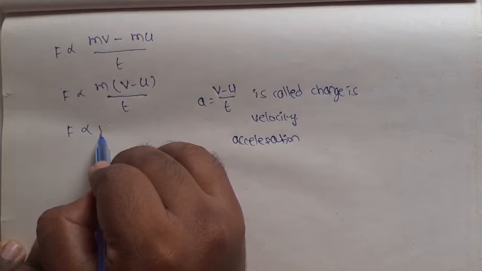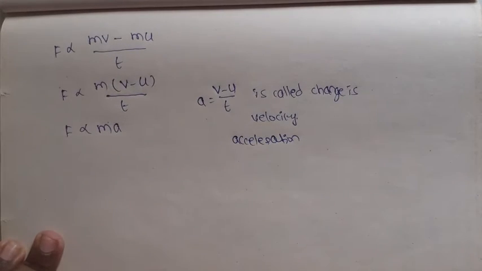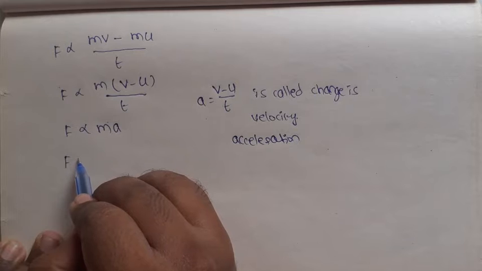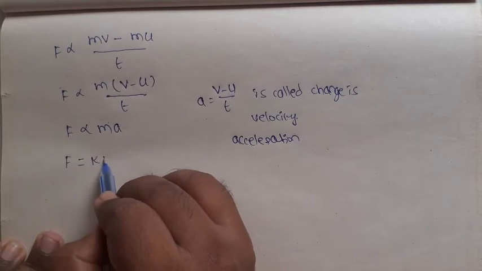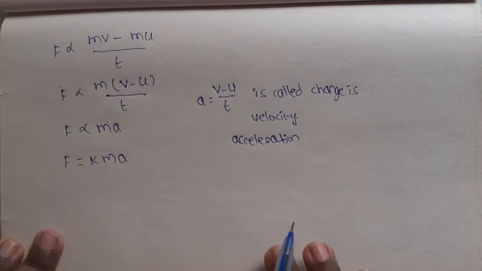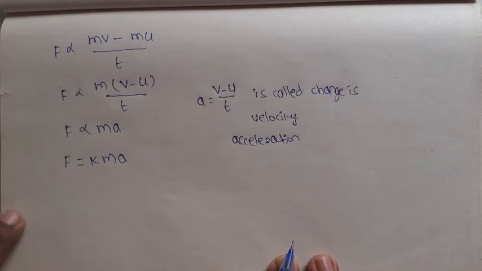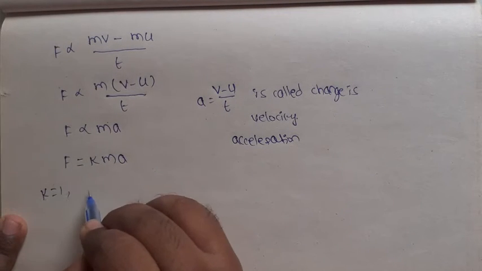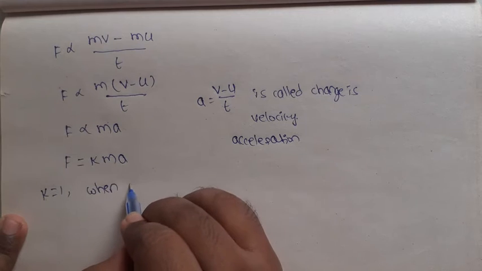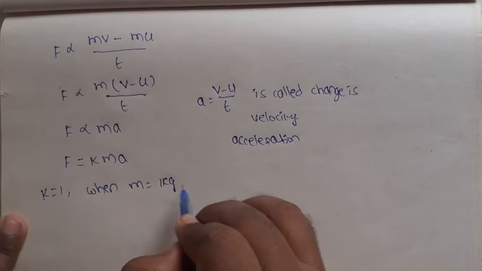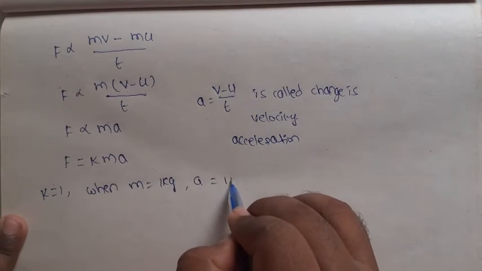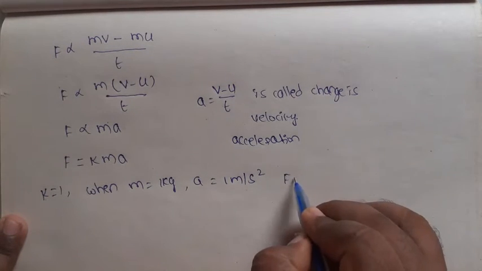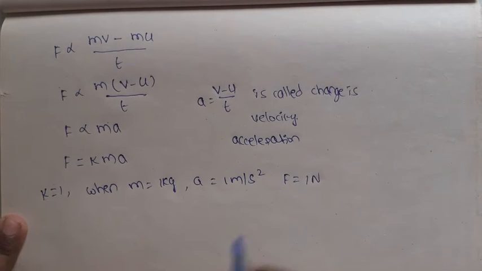F is directly proportional to ma. Removing proportionality by substituting some constant k, F equal to kma, where k is constant. If I substitute k equal to 1, when mass equal to 1 kg produces acceleration 1 meter per second square, then force equal to 1 Newton.